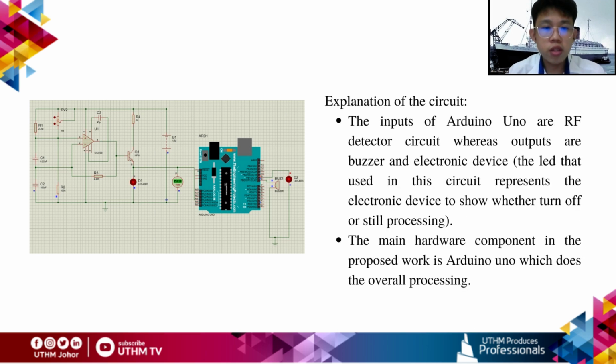Explanation of the circuit. The input of the Arduino Uno is the RF detector circuit. The outputs are the buzzer and the electronic device. The LED used in this circuit represents the electronic device, to show whether it is turned off or still processing. The main hardware component in the proposed work is the Arduino Uno, which does the overall processing.